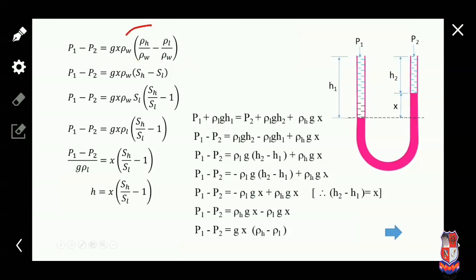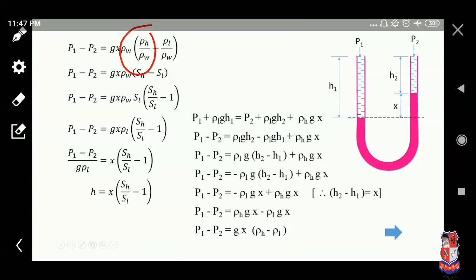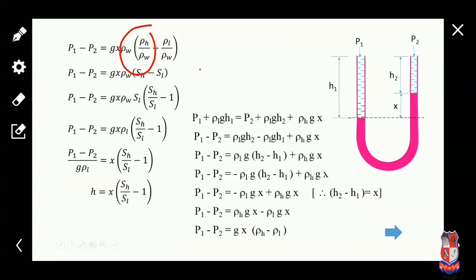The ratio of density of heavy liquid to density of water is the specific gravity of heavy liquid, and similarly the density of light liquid upon density of water is the specific gravity of light liquid. So we write the density ratios in the form of specific gravity of heavy liquid and specific gravity of light liquid. Now the specific gravity of light liquid SL is taken common from the bracket, so SH upon SL minus 1.